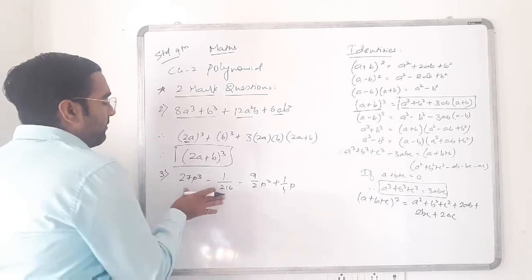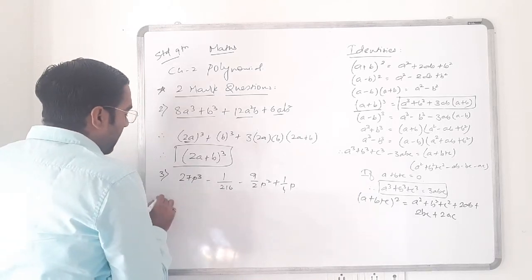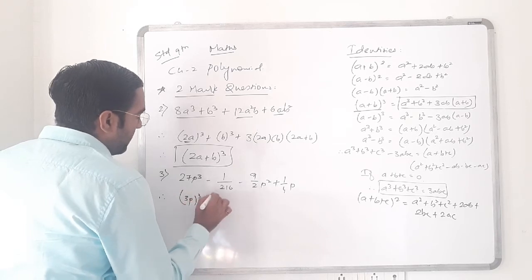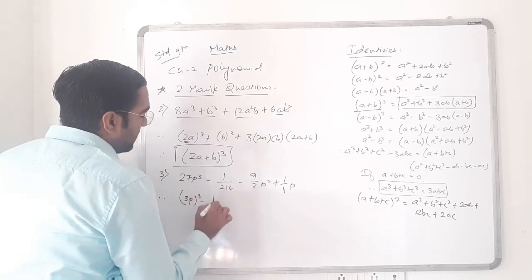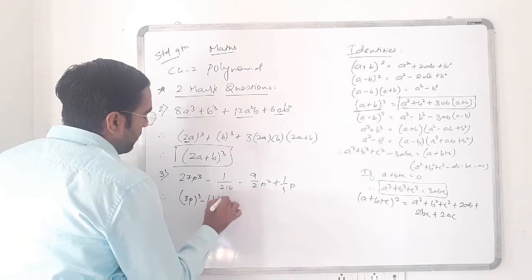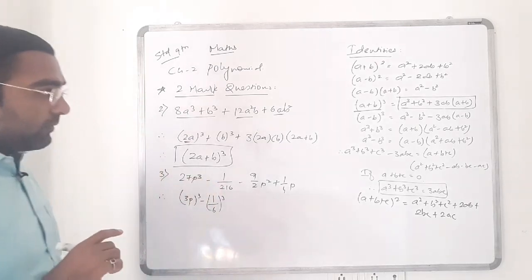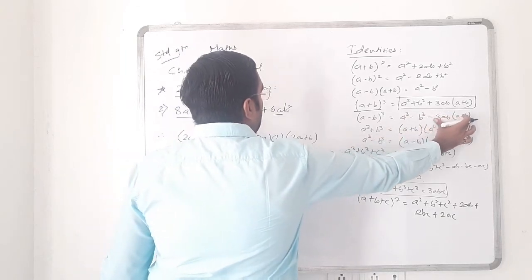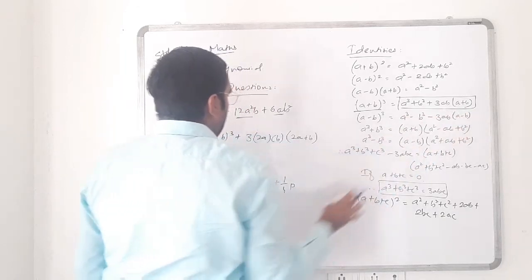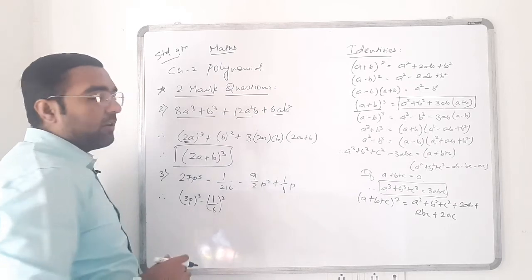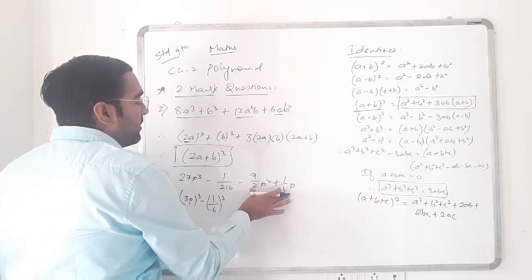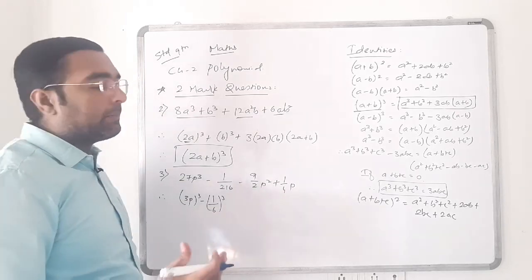Now we are taking the first two terms, and I'll write 27p cube as 3p cube, and minus 1 by 216 as 1 by 6 whole cube. Now as per the identity, I'll write the second two terms as they are with the formation of a and b, so the rest of the terms are formed automatically.